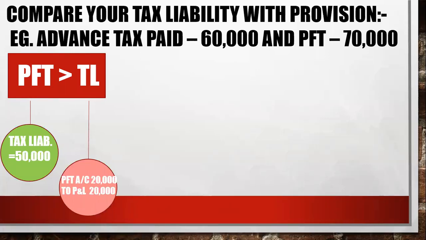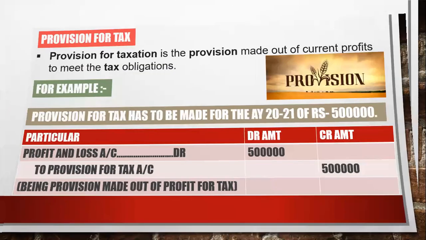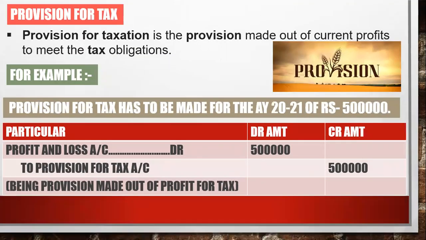That 20,000 we have to transfer to the PNL account, because you took that 20,000 from the PNL account. So now I don't require that 20,000. In this example, 20,000 is extra, so you have to transfer it back. Clear that? When you make a provision, you pass this entry: profit and loss account debit to provision for tax.